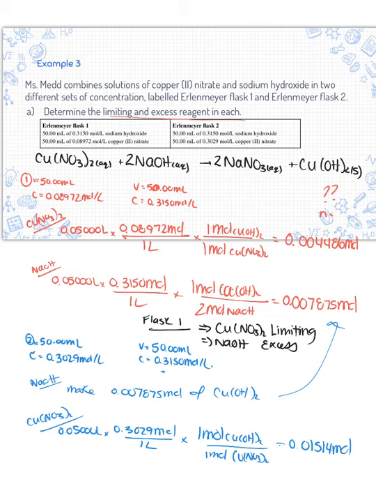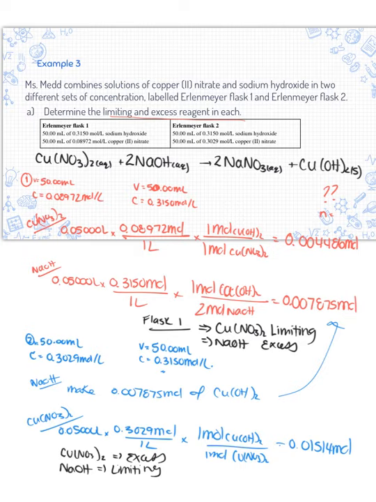So in flask 2, we can see that limiting and excess has swapped. So in flask 2, copper nitrate is excess and sodium hydroxide is limiting. So they've swapped between the two experiments here.